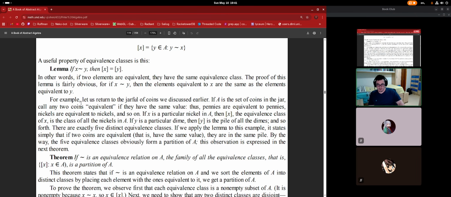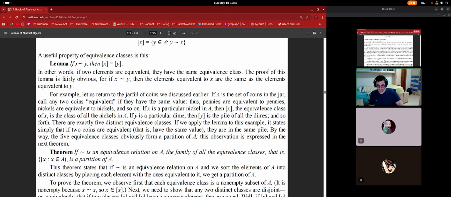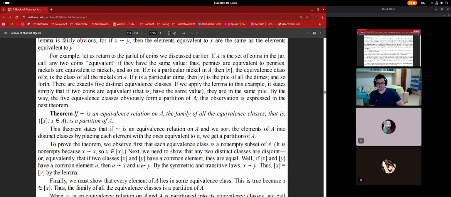Then it talks about examples with coins again. And it says that if two coins are equivalent, then they are in the same pile, because the pile in this case would be the class. And we're talking about equivalence classes anyway. Then we have the theorem: if tilde is an equivalence relation on A, the family of all the equivalence classes is a partition of A. To me, this is also fairly intuitive.